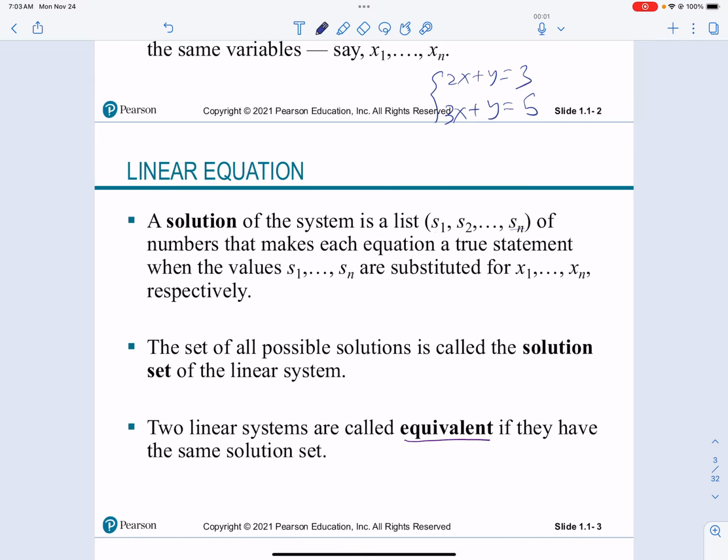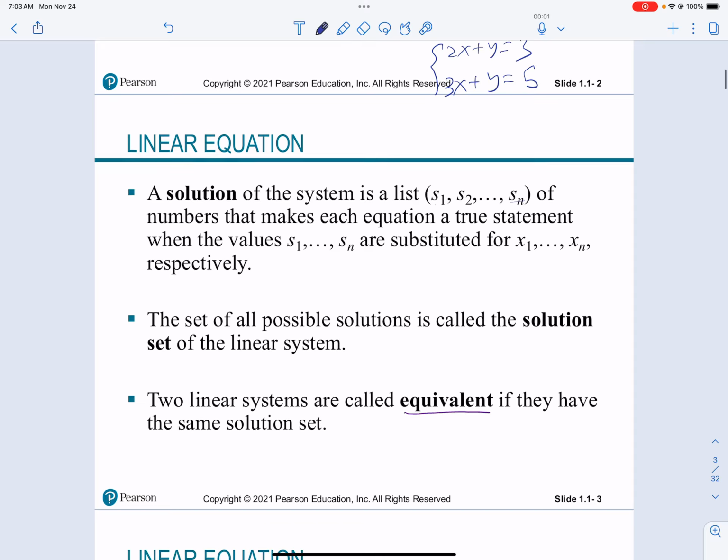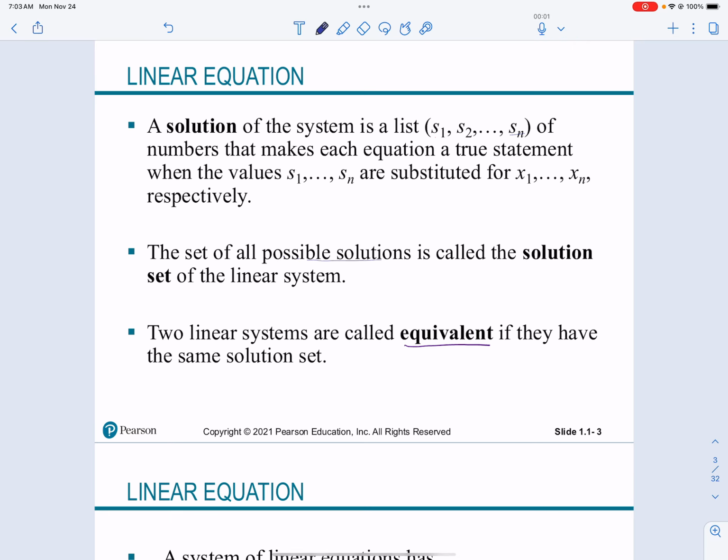This is called the solution. And the set of all possible solutions is called what? The solution set of the linear system. And two linear systems are called what? Equivalent, if they have the same solution set.